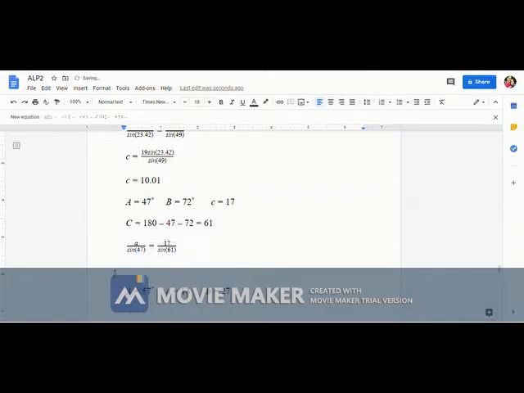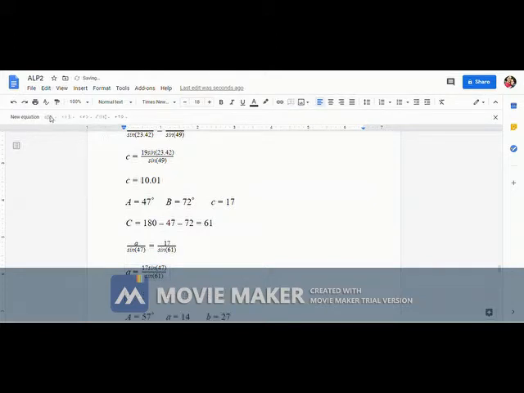Okay, and then we just multiply both sides by sine 47. A equals 17 sine 47 over sine 61.